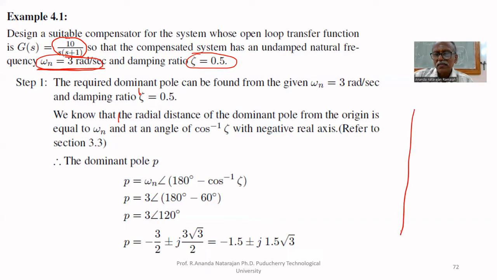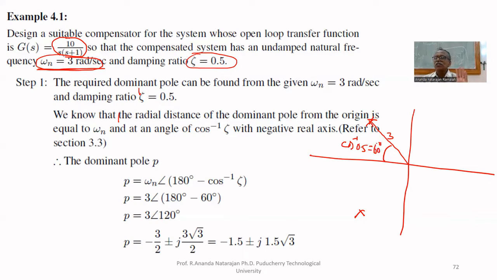It means we should select a pole whose distance from the origin is 3 radians per second. Already we know that the distance from the origin to the pole is called omega n, the natural frequency. It must be 3, that is given. And zeta equal to 0.5 means cos inverse of 0.5, that is 60 degrees. These two are given.